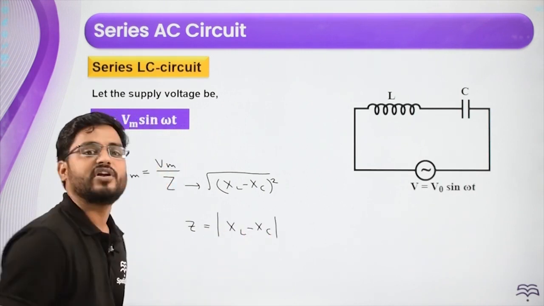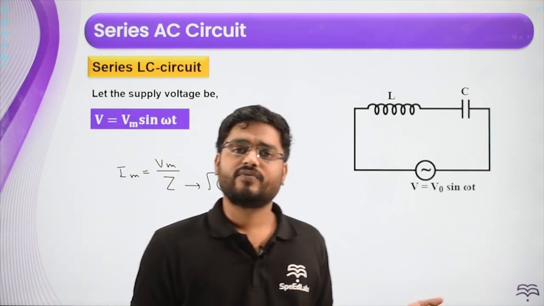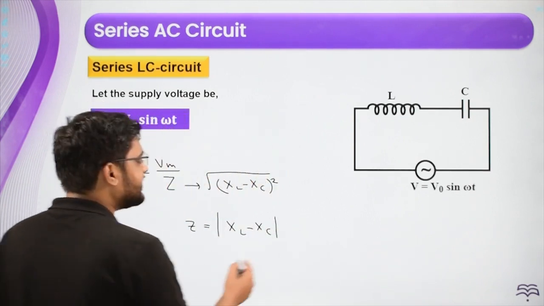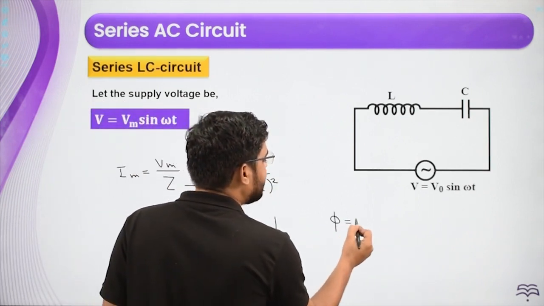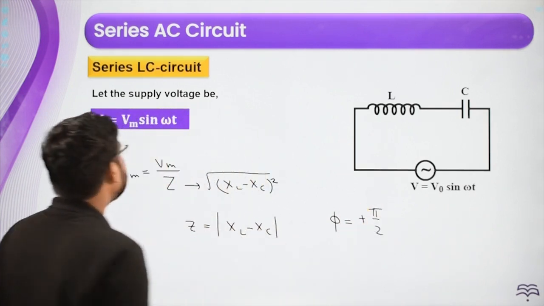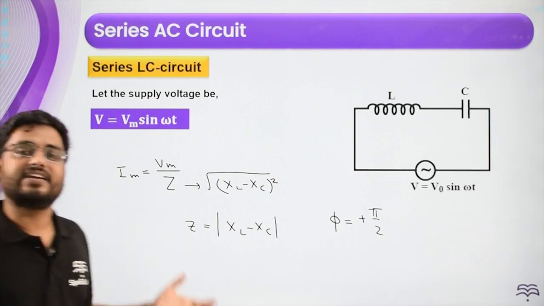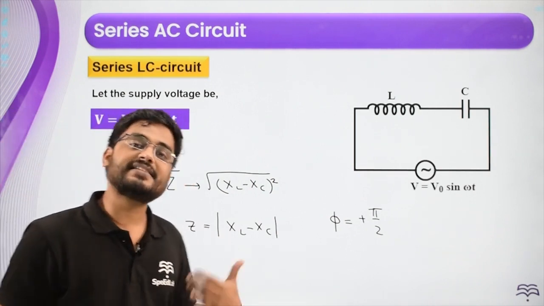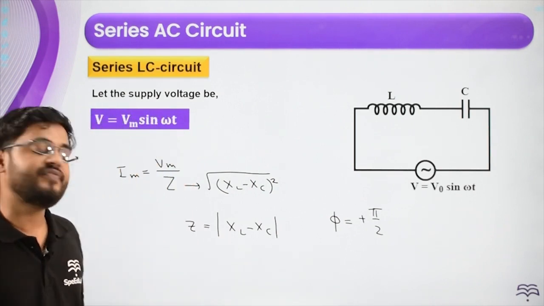Bigger minus smaller. If XL is bigger, then what about the phi? The phi is the interesting case over here. Phi is plus pi by 2 for the current: current will lead if the capacitor reactance XC is bigger, and voltage will lead if XL is bigger.